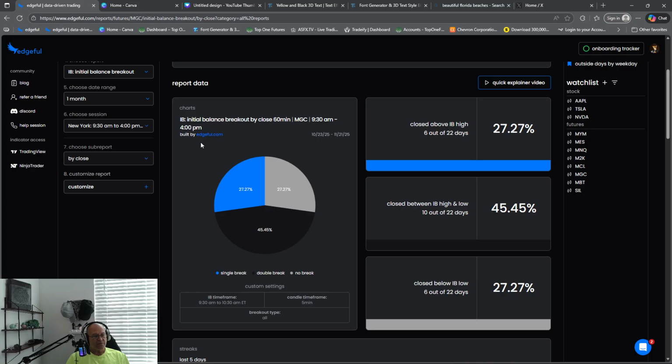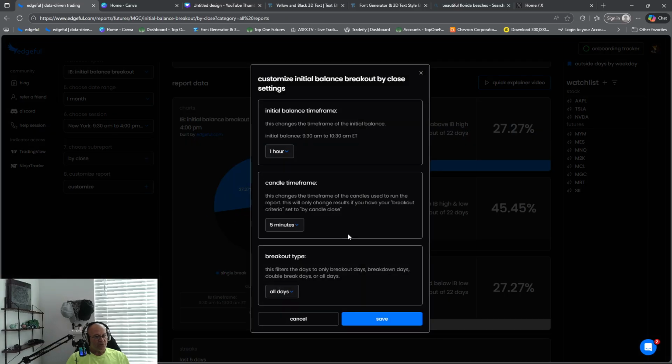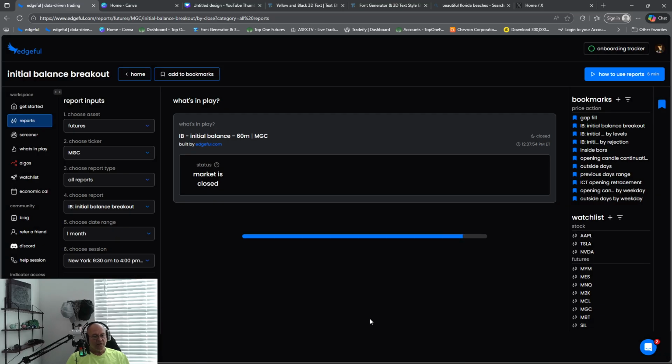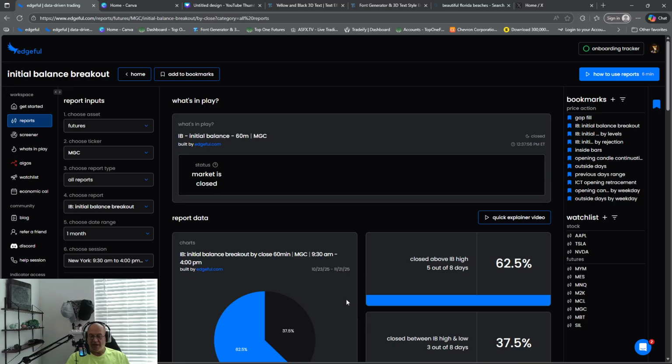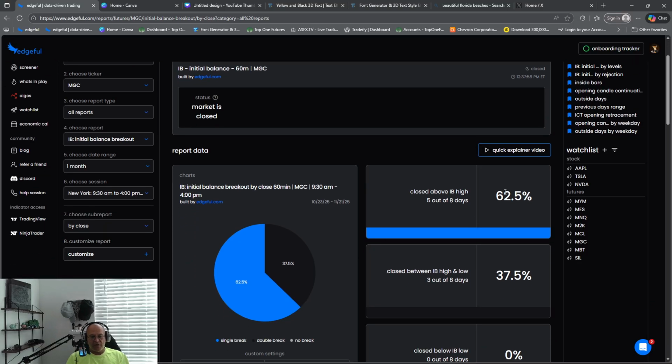This closed above all days. I want to look at breakout days. Okay, so if we break out to the upside, 62% of the time the day has closed above the initial balance. Okay. Up 62%.